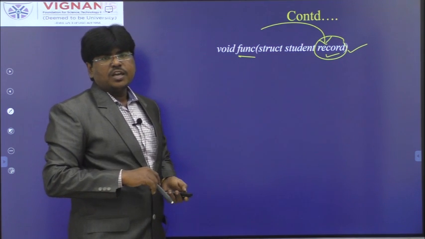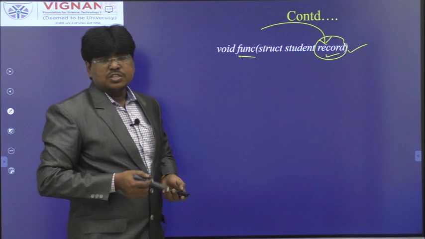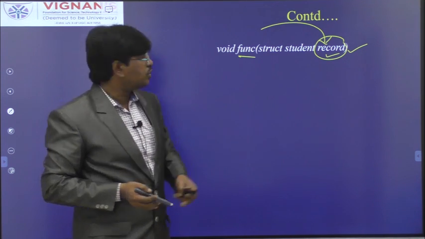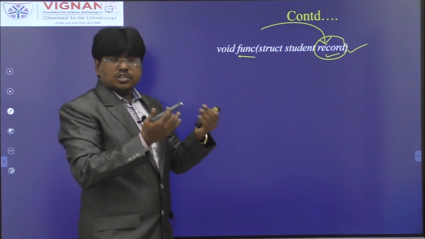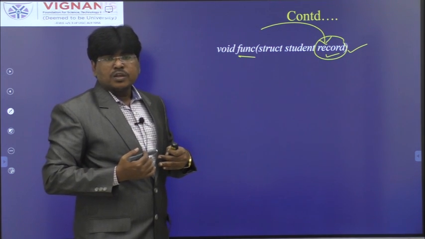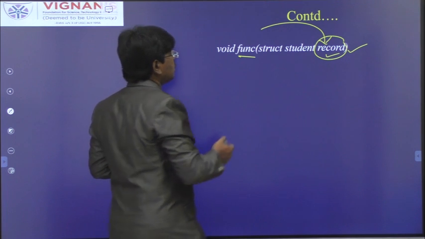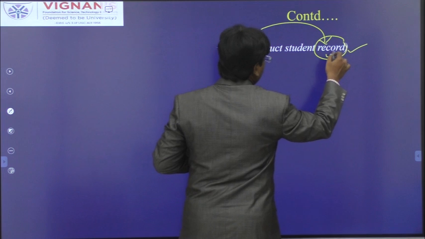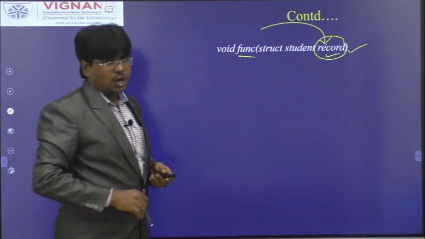Simply, the main function passes the structure variable value to the user defined function func, and func takes the input from the main function and places the required input value into its own local variable called record.